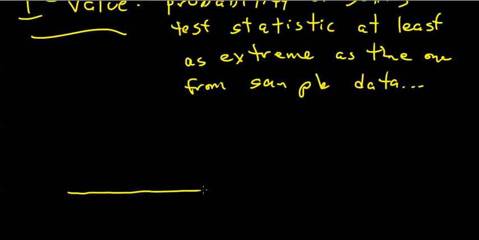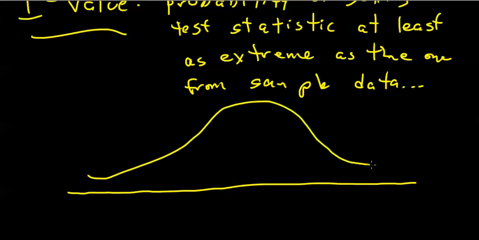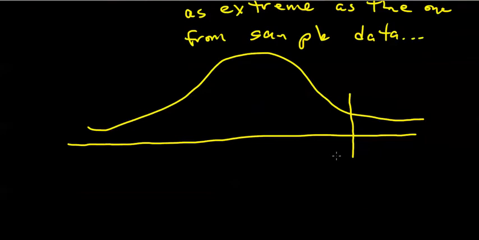The idea here is this. Z-scores, of course, are normally distributed. Well, that's by definition the standard normal distribution, right? If you've got some sample data that lands you with a z-score, let's say it's here somewhere, I'll call that my test statistic.